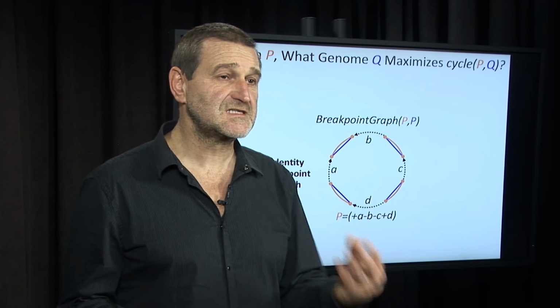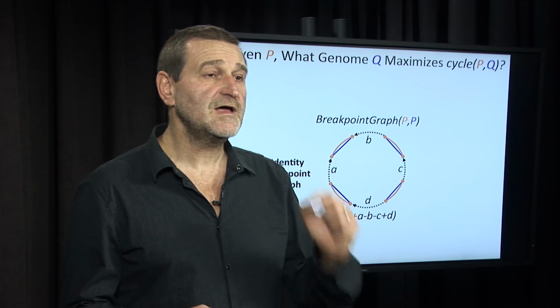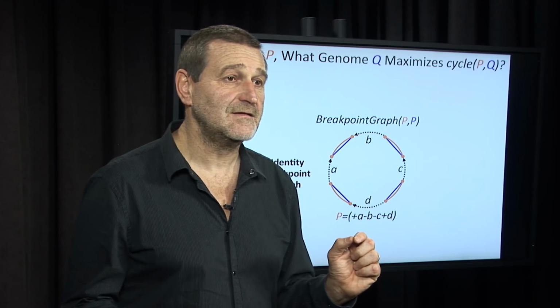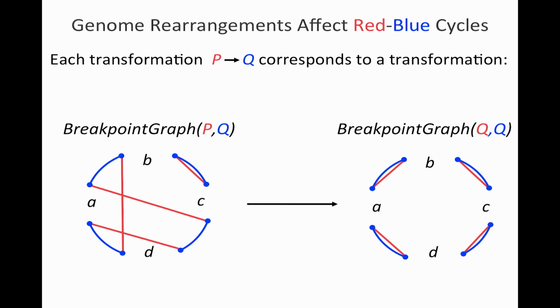And of course, this breakpoint graph corresponds to the case when genome Q and genome P are identical. And the number of cycles in this graph is, of course, simply the number of blocks in genome P. So in this case, the number is 4.